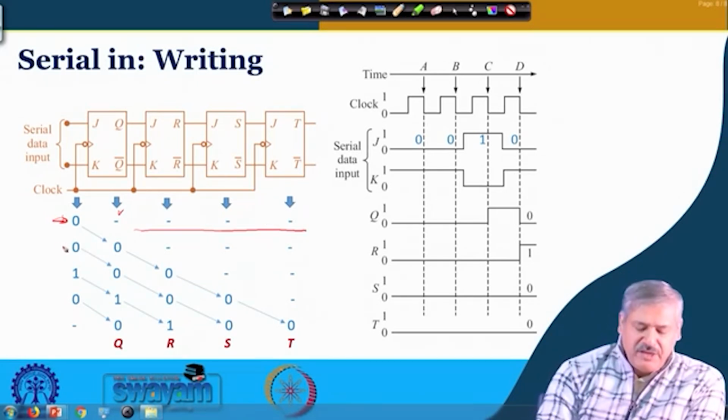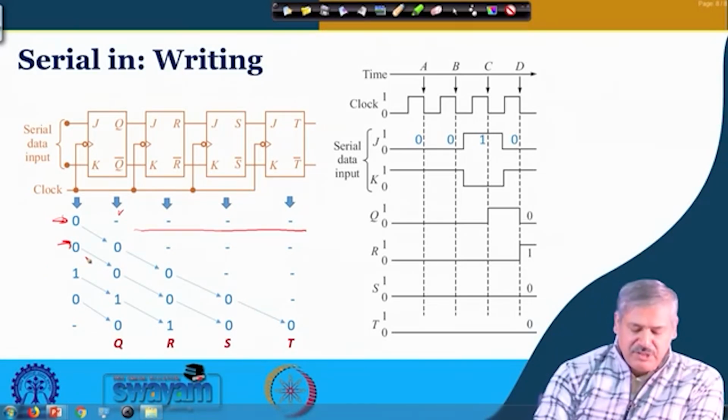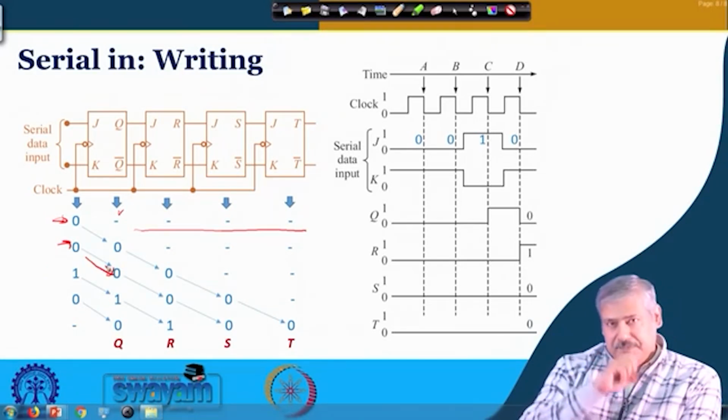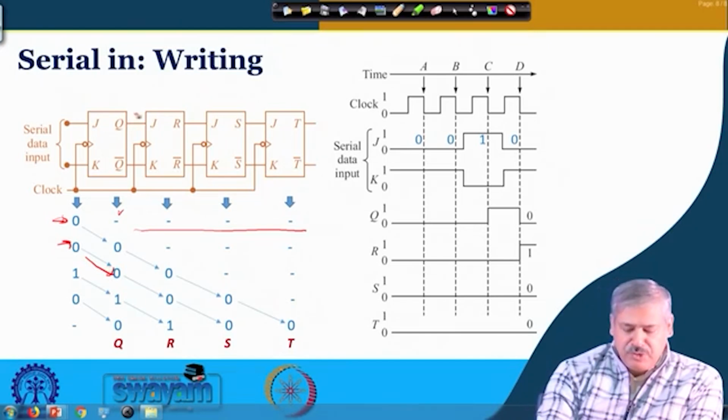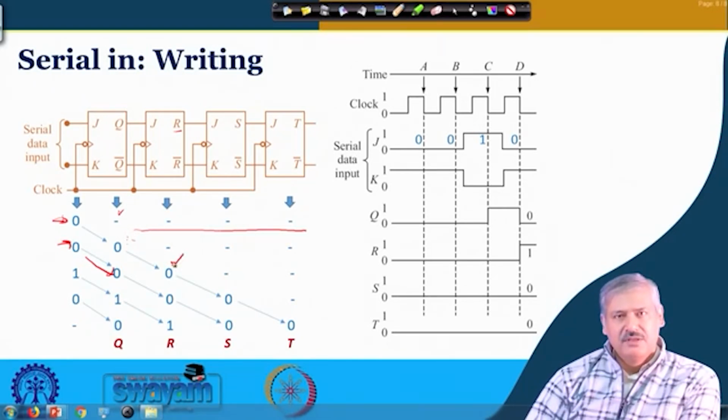The next value that we put at the input is 0. The clock trigger comes, what will happen? This 0 will come to Q, and this Q output is connected to the input of R. So, the earlier 0 now comes over here in the next time point. Is it okay?